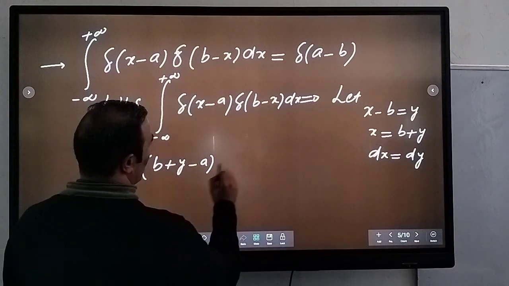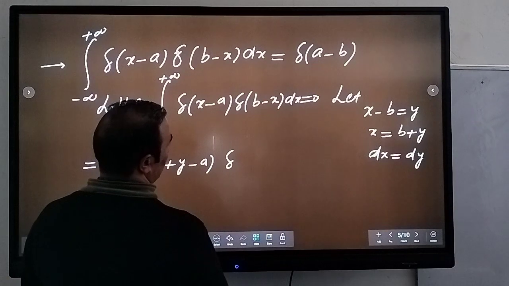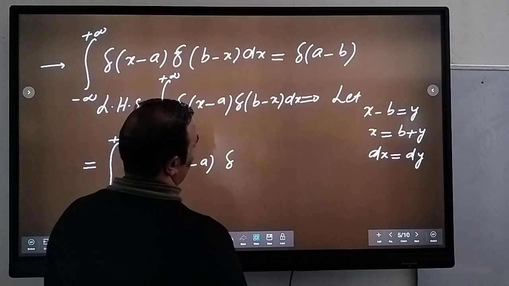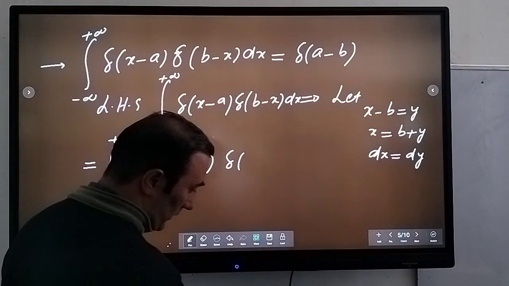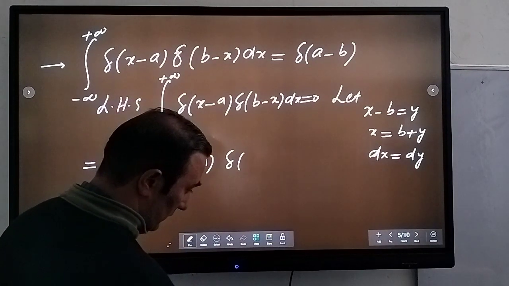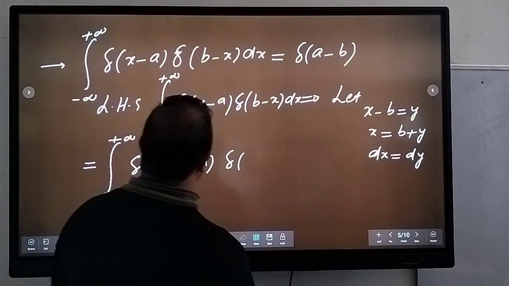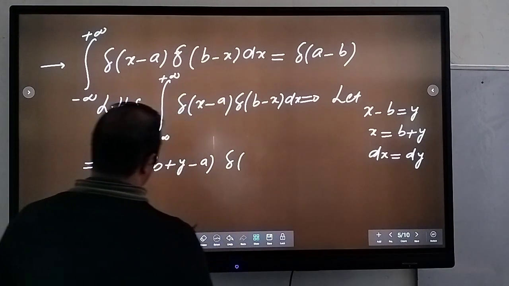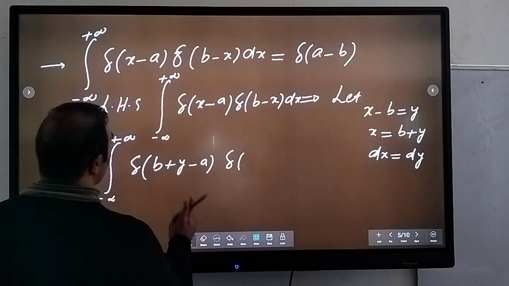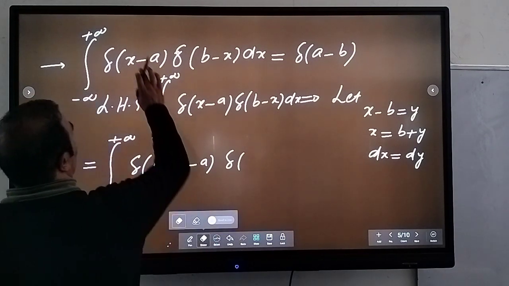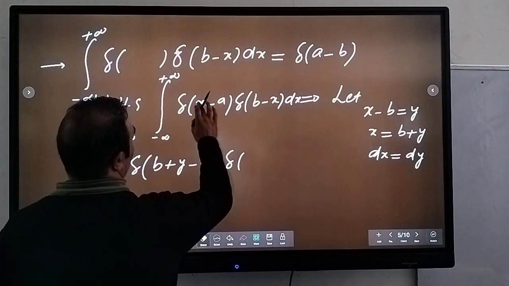Okay, so that's equal to delta of, so x minus b, so this is a minus x, sorry, so let me write here b minus x, that's correct.